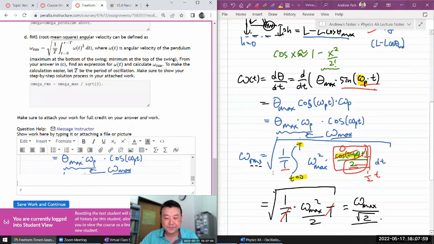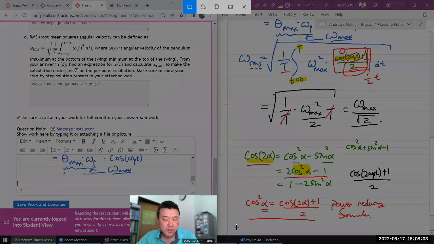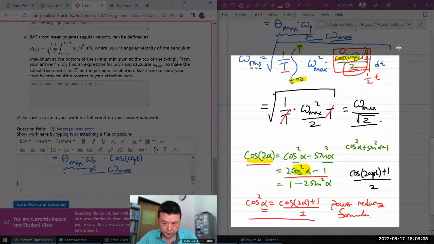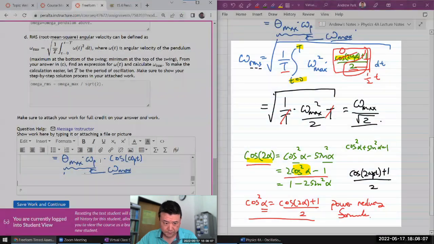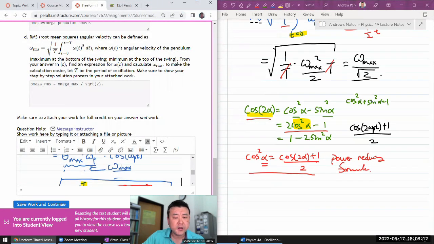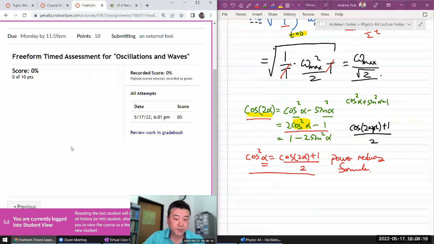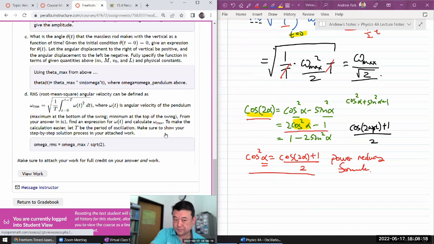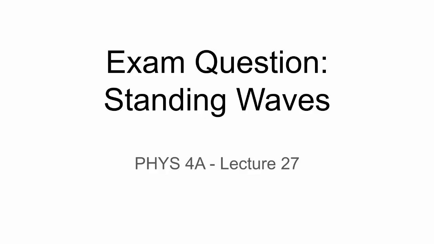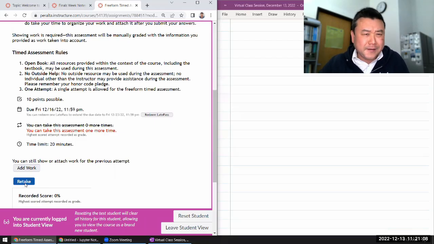For things where you need a derivation and a full step-by-step justification, you can write those details out after you've submitted an answer. So save work and continue, and that's it. Let's hope we don't get the same question another time.